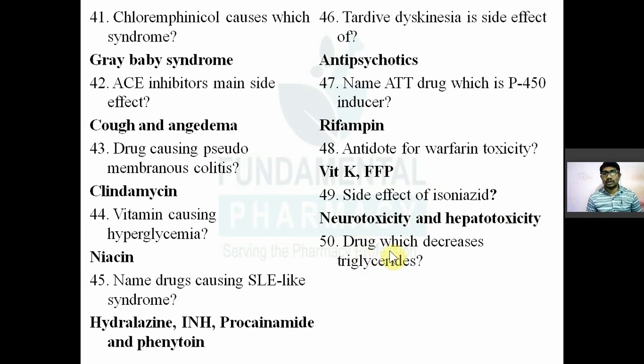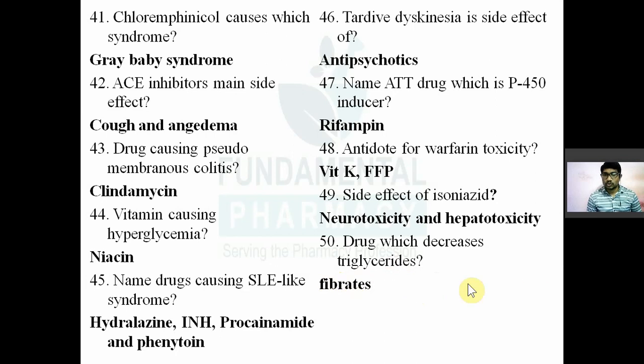Question number 50, drug which decreases the triglycerides. ट्राइग्लिसराइड बॉडी के लेवल कौन कम करता है? सो इट इज अ obviously anti-hyperlipidemic drug. The answer of this question is fibric acid derivatives. So fibrates are nothing but the fibric acid derivatives, and they are agonists to lipoprotein lipase.